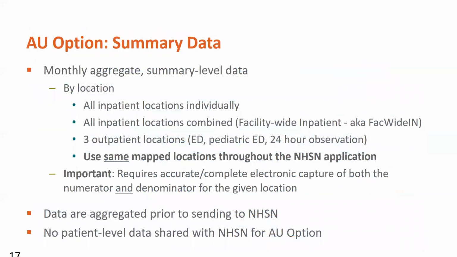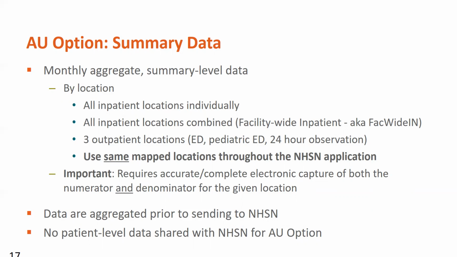Alrighty, so moving on, AU option, this is a very important point: AU option data is submitted summary level only, okay? So when it gets to NHSN, it's already aggregated to the month level by patient care location, summarized. So we do not get any patient-level data since it's all aggregated before it comes to us.